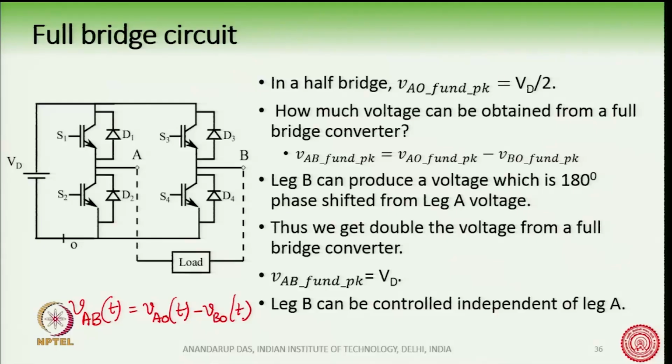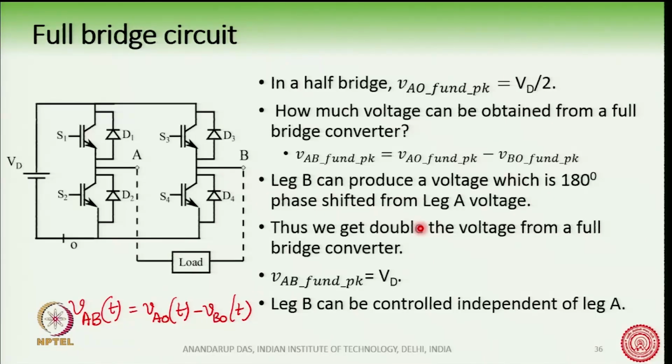Therefore, the total voltage which can be obtained across A and B is nothing but the difference of voltage between what I obtain from the A leg and the B leg. So, if now I produce a voltage where the voltage produced by leg B is 180 degree phase shifted from the voltage produced by leg A.